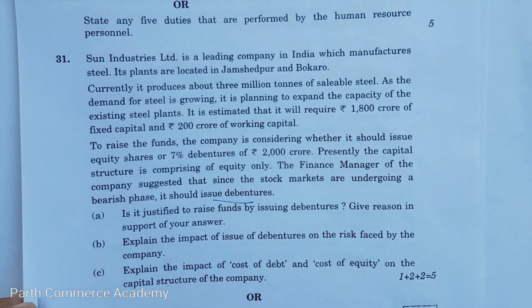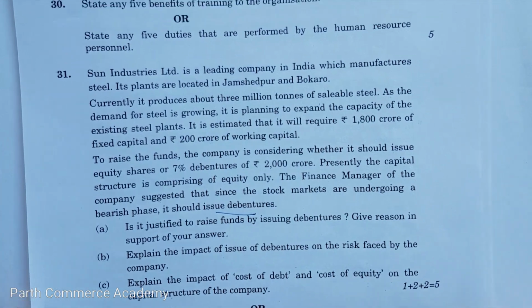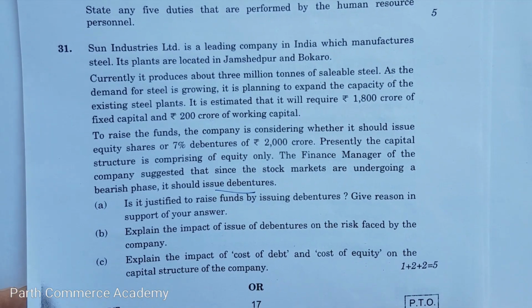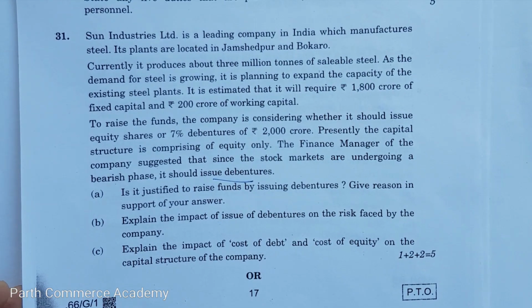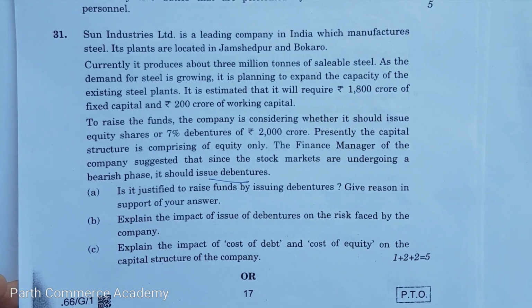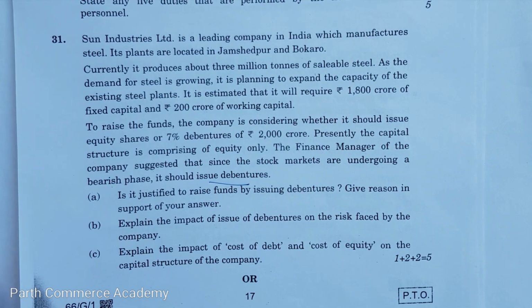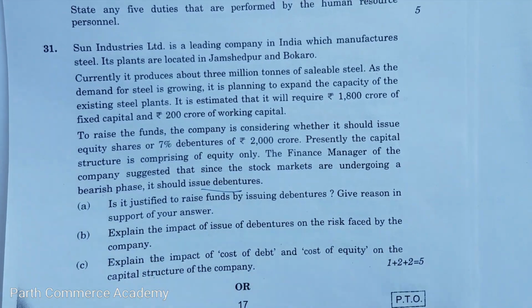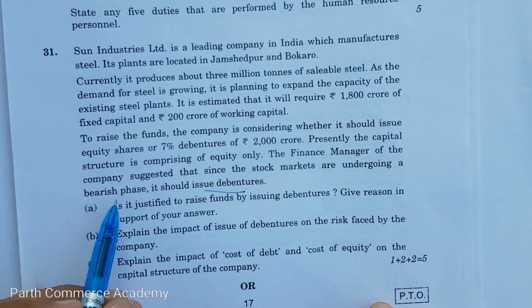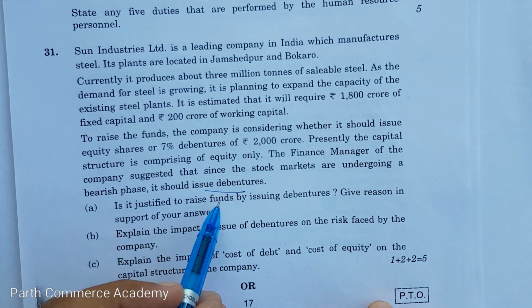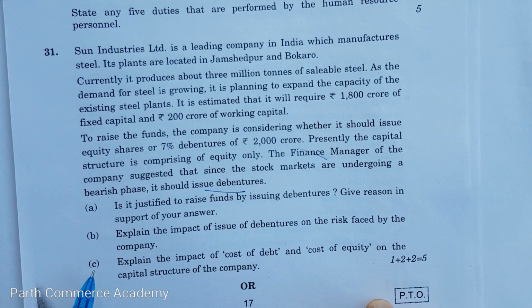So here you can see the company is developing, demand is increasing, so they want to develop, and for that purpose they want 2000 crore rupees. So 2 options are there: go for a new capital equity issue, or go for debentures. But here you can see the capital market is presently undergoing a bearish phase, and that's why the suggestion of the finance manager is correct.